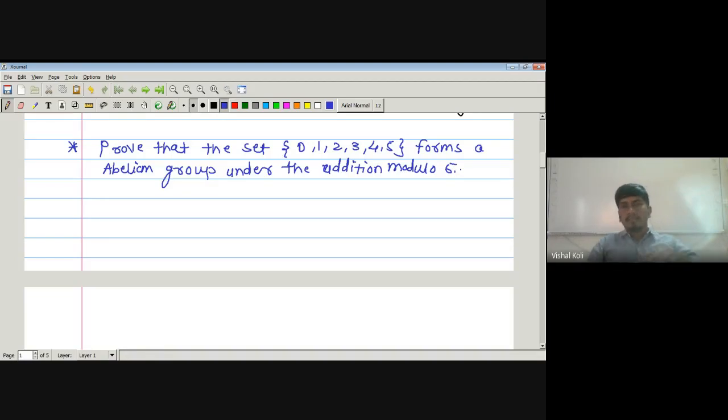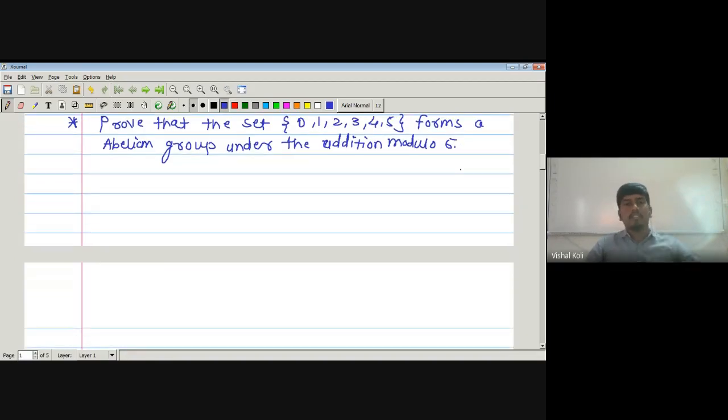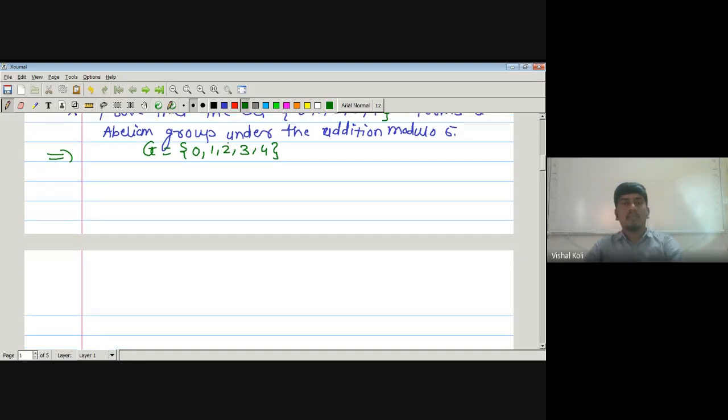Okay, so here we have to prove that this set G, that is, consider G is nothing but the set which contains these elements, 0, 1, 2, 3, 4. As here we have to check for modulo 5, the set must contain 5 elements only: 0, 1, 2, 3 and 4. So as G contains a finite number of elements, we will find its composite table.